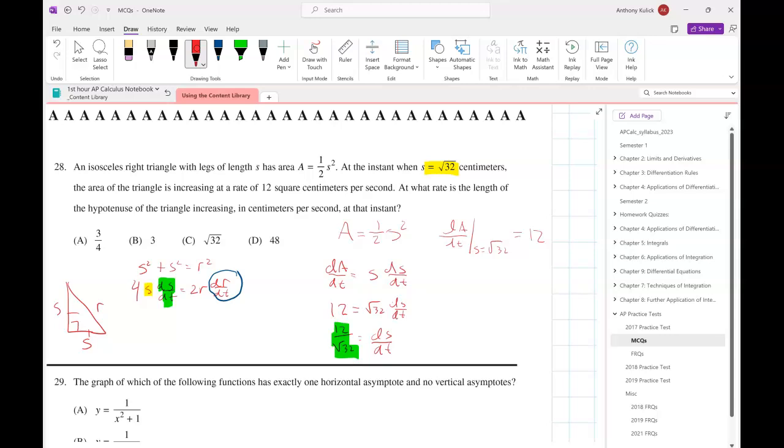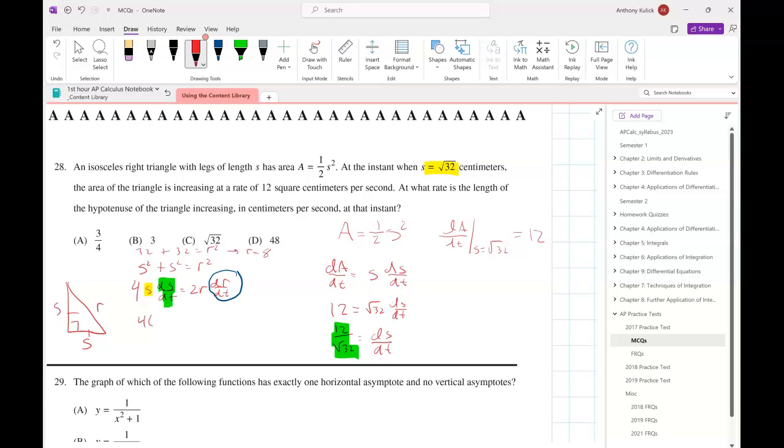How would I find r? I'll use the Pythagorean theorem. What's s? Root 32, right? So r is 8.